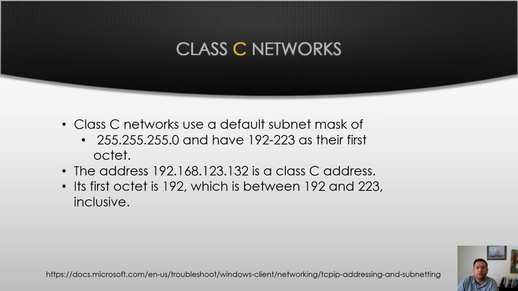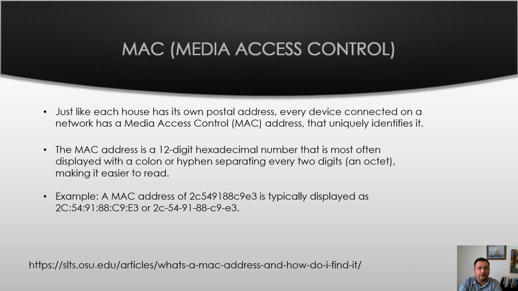Just like each house has its own postal address, every device connected on a network has a Media Access Control address that uniquely identifies it. The MAC address is a 12-digit hexadecimal number that's most often displayed with a colon or hyphen separating every 2 digits, or octets, making it easier to read.